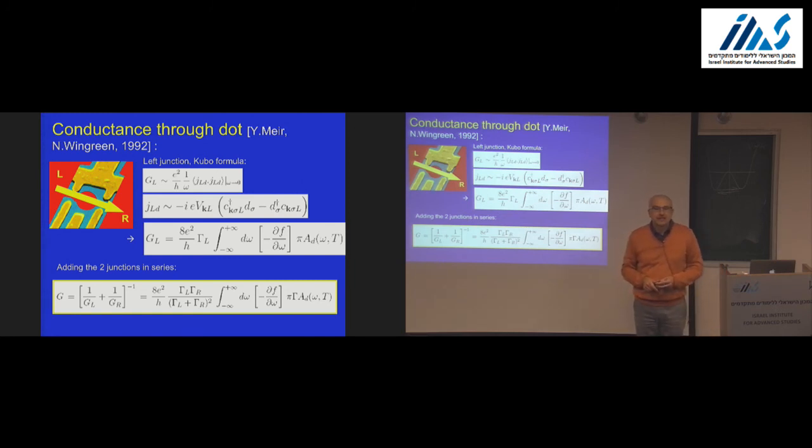Yes? You said that the imaginary part of the self-energy was much smaller than gamma. Do you have a physical feeling of what that is? Yes, because we form these singlets, right?